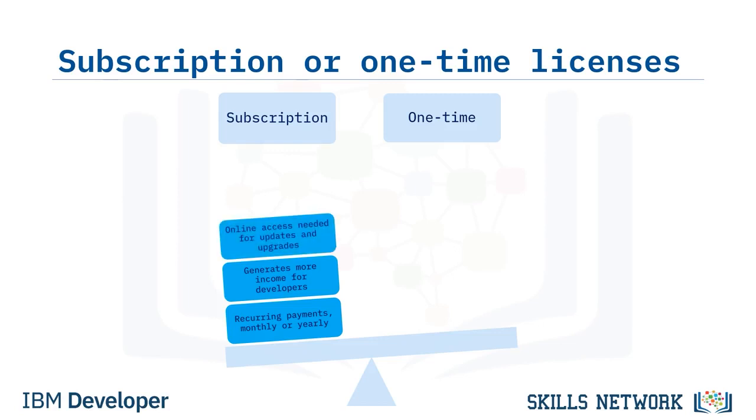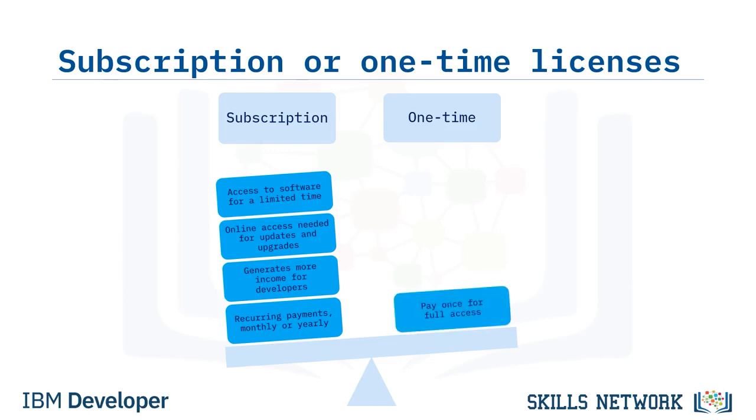Subscription-based licensed software can be used offline, but online access is needed from time to time for updates and upgrades. Also, online access allows users to verify with the vendor that the subscription is still active. Users can access the software for a limited time as long as their subscription is valid. If users do not verify their subscription, the software might not be available to them.